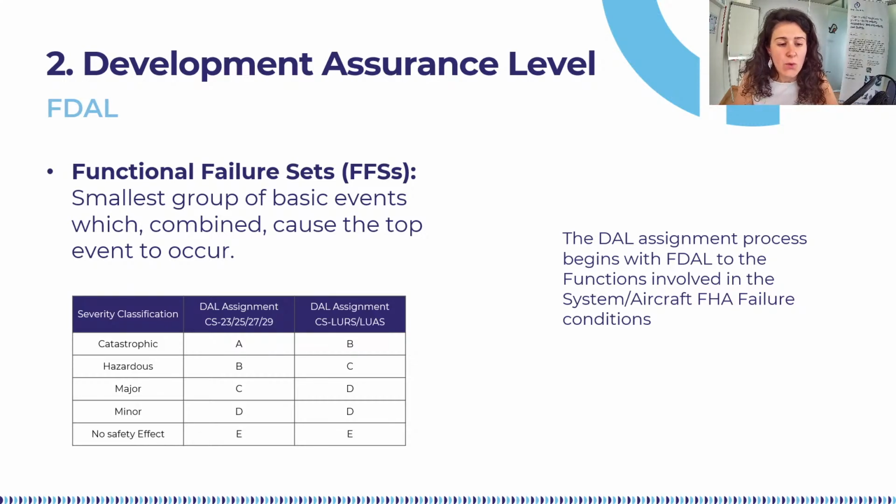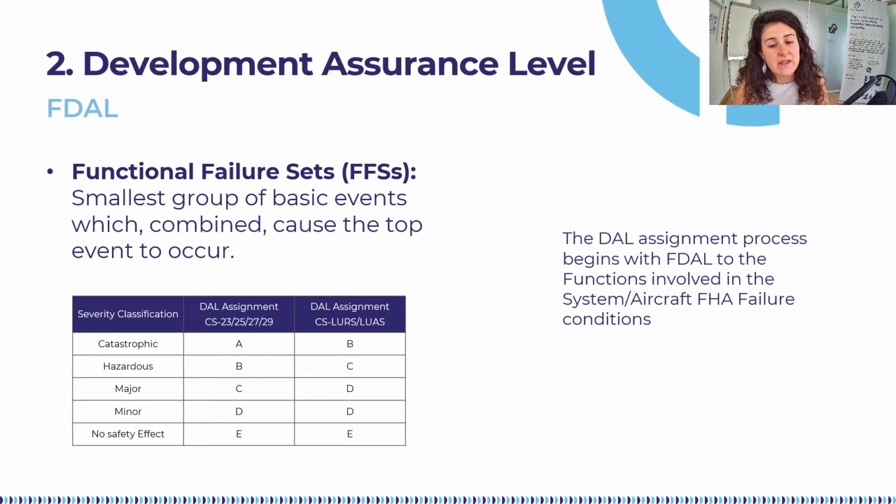Then we have, okay, the IDAL. I put here two examples, but now with the drones and everything is changing. So first you have the severity, with catastrophic, hazardous, major, minor and no safety effect. So for civil aircraft or rotorcraft, you will have for catastrophic an A, hazardous a B, major C, and so on.